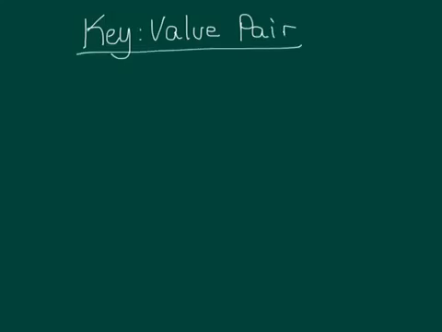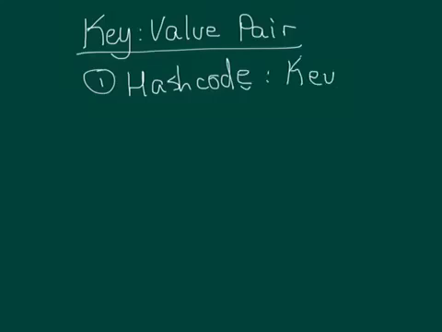The hash table is the following. It takes a key value pair, and then first, it computes the hash code of the key, where it maps a key to some integer.